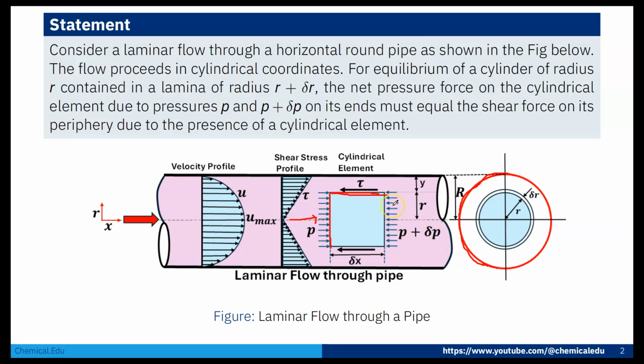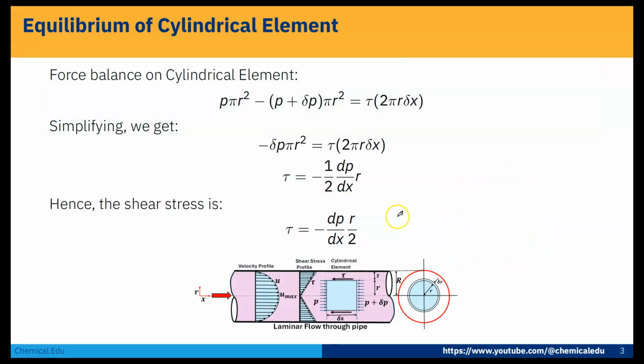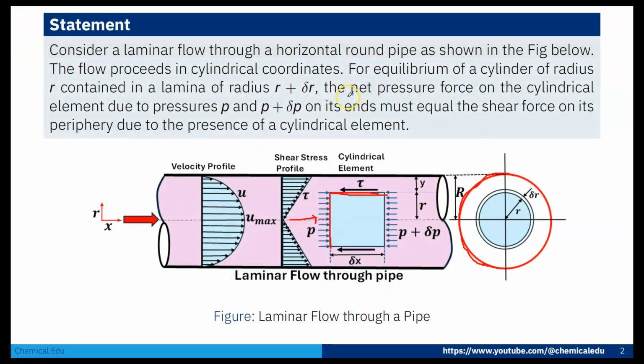Now at equilibrium, we consider that the flow is fully developed. If I balance the forces, the net pressure force on the cylindrical element due to the pressures P and P plus del P on its ends must be equal to the shear force on its periphery.